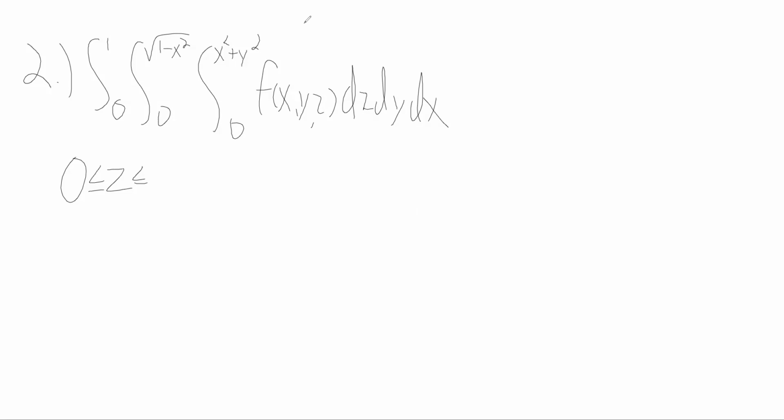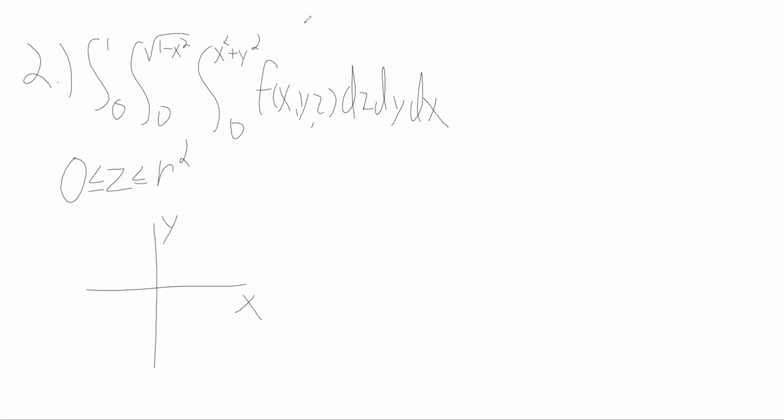Well, we've already said it. That's our r squared. And so really quickly, let's draw our region where x and y live, and then figure out what r and theta are.